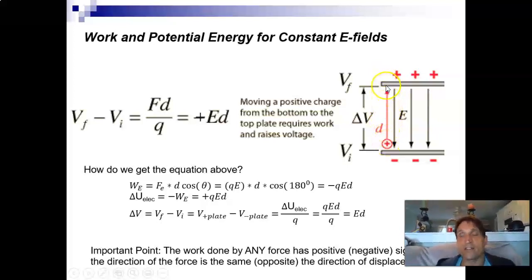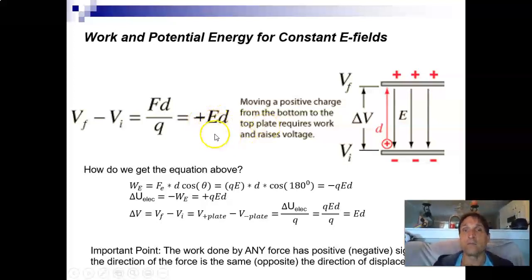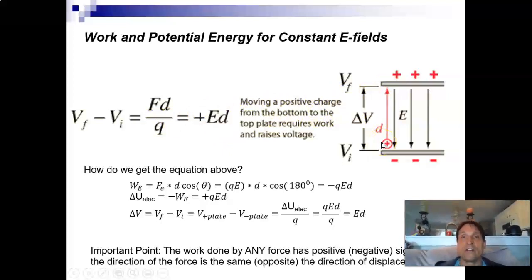Electric field is constant. The potential difference is just E d, electric field times displacement. In terms of units, volts per meter times meters. So in this case, if E is constant, calculating the potential difference between 2 points is easy. It's just the product of the magnitude of the field times the distance between the 2 points.